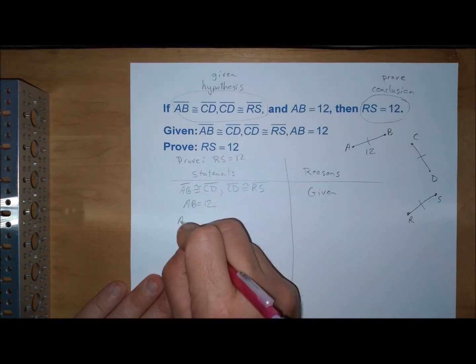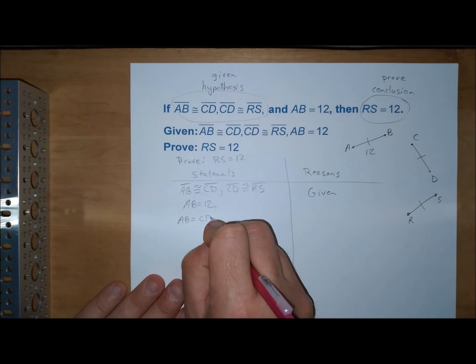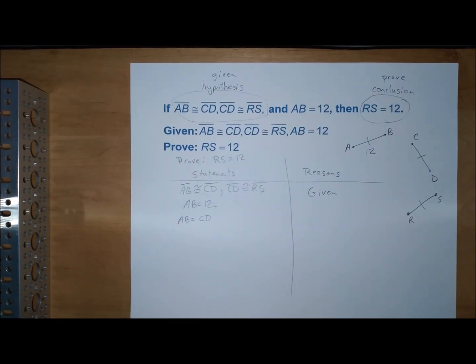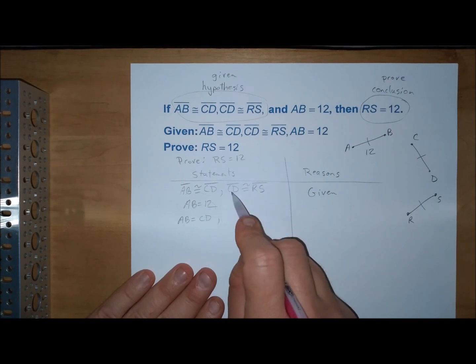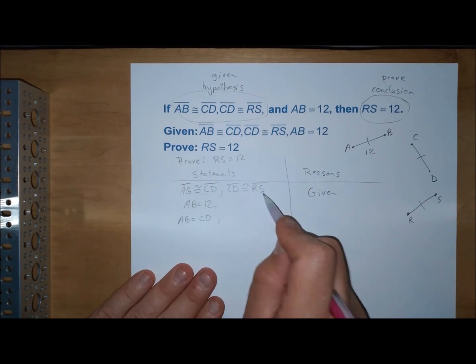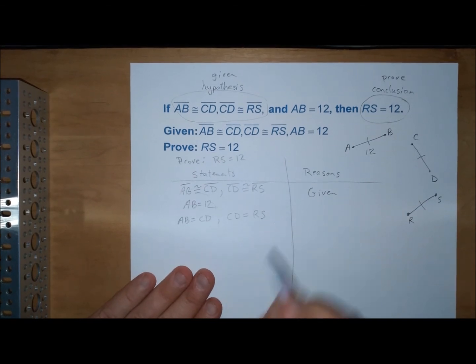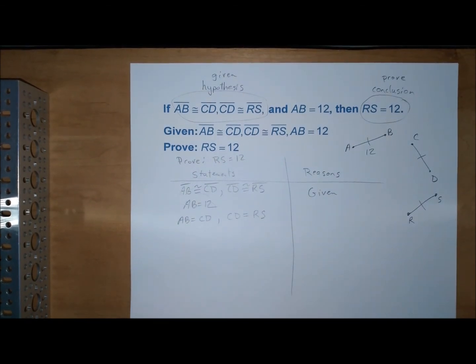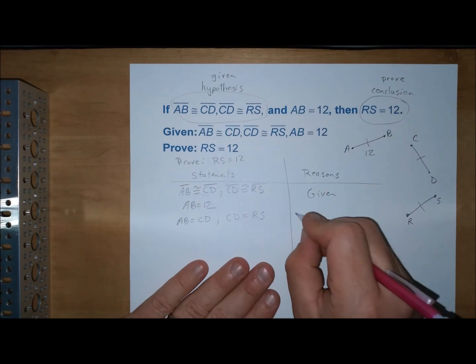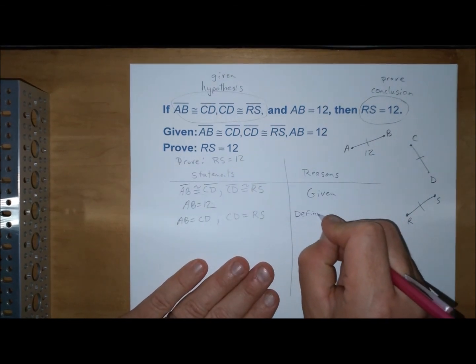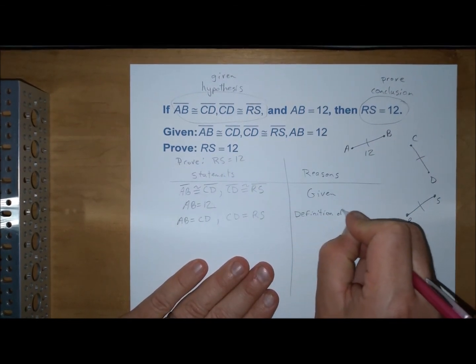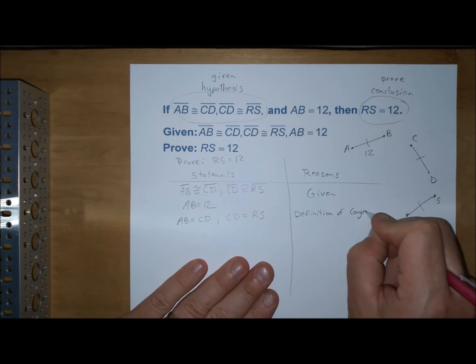Doesn't that mean that AB equals CD, that they are the same length, that they have the same measure? And doesn't that mean that since segment CD is congruent to segment RS, that CD equals RS, those segments have the same measure? The reason here is our definition of congruent segments.